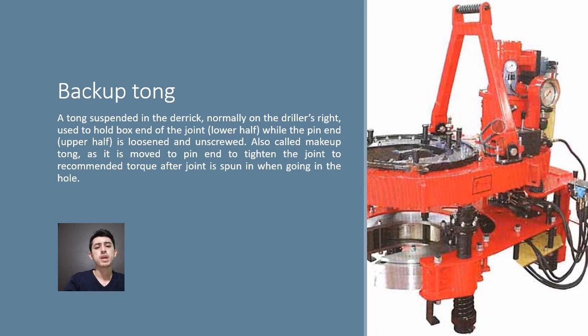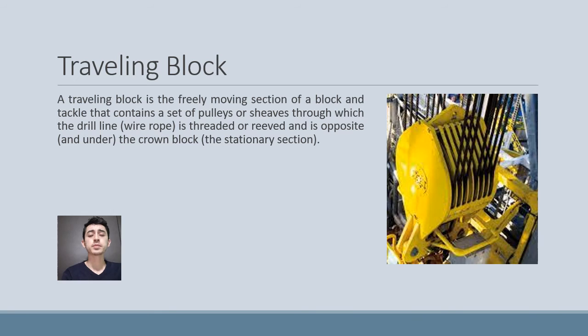Also called makeup tong. Traveling block. A traveling block is the freely moving section of a block and tackle that contains a set of pulleys or sheaves through which the drill line is threaded or reeved and is opposite the crown block.